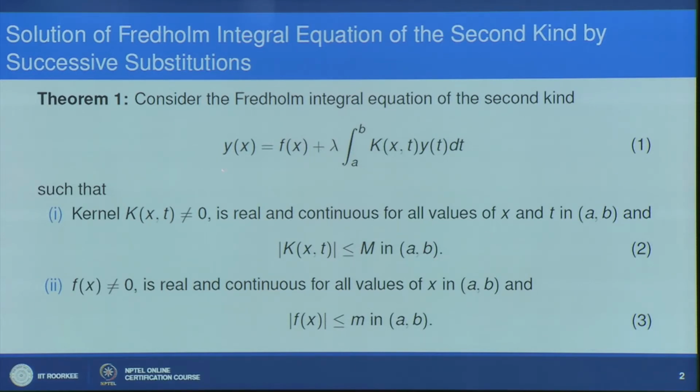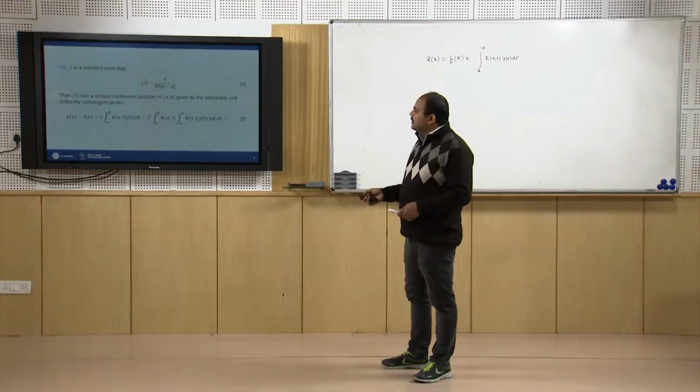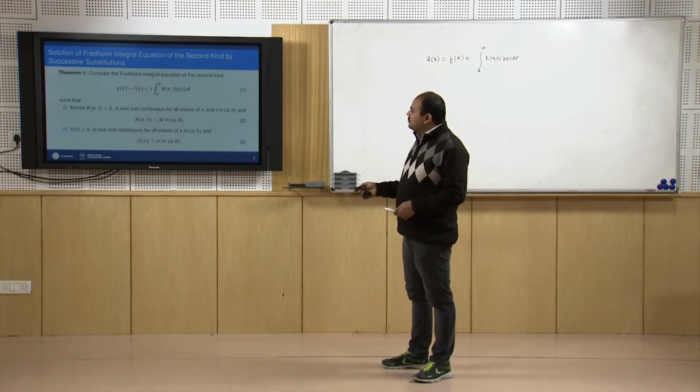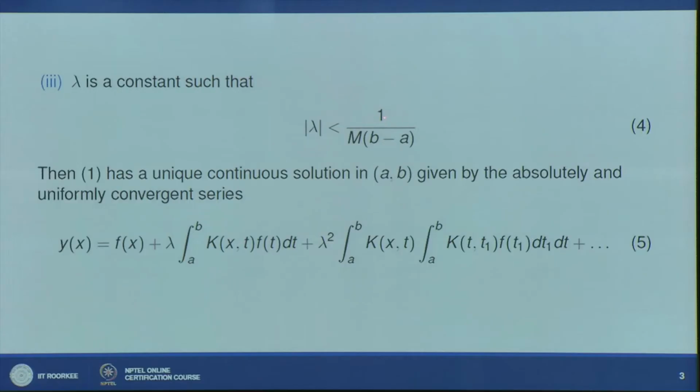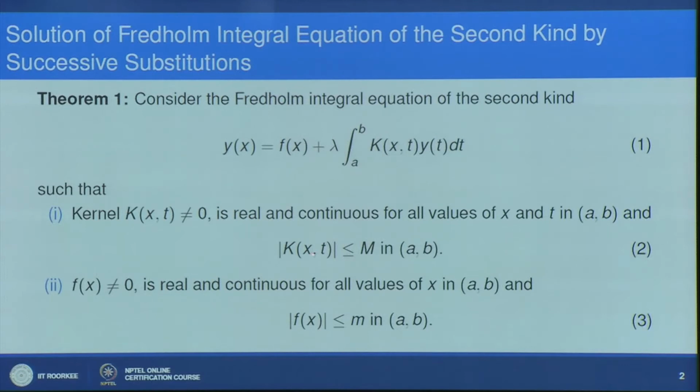Also that this function f of x is again non-zero, real and continuous for all values of x in a,b, and f of x is also bounded by, say, small m for every x in this interval. And we are assuming that lambda, which is a constant here, satisfies this condition: mod of lambda is less than 1 upon M times b minus a, where M is the bound of k of x,t. Is it okay?